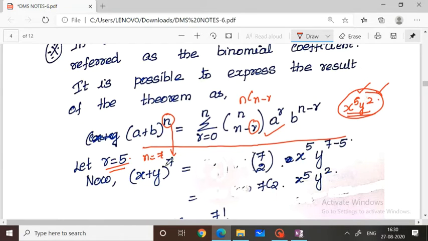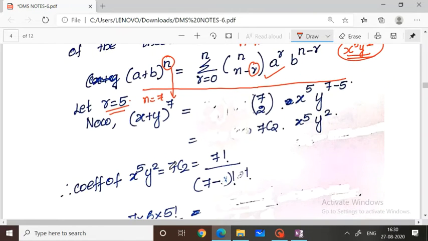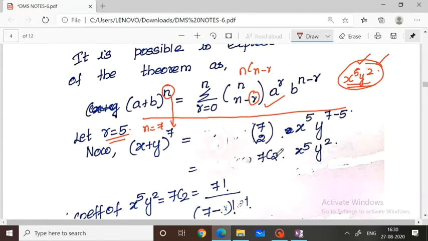So x plus y raised to 7 is equal to 7c 7 minus 5, that is nc n minus r, into a raised to r. Instead of a, the value given here is x. So we have to write x raised to r.